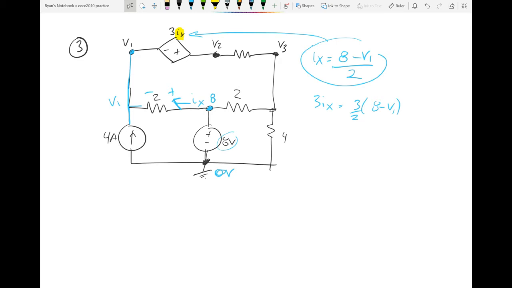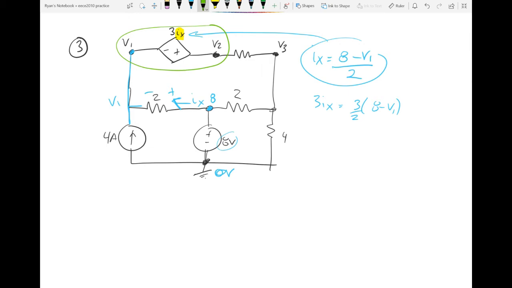Okay? All right, so we start writing node equations. We can start with V1. Now you'll notice V1 and V2 are connected by a voltage source, and so there's going to be a supernode equation written there.